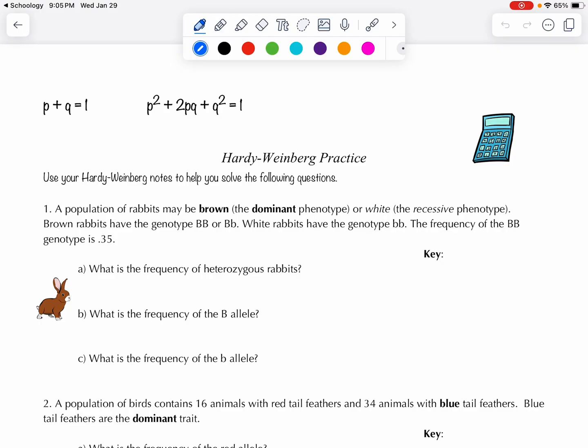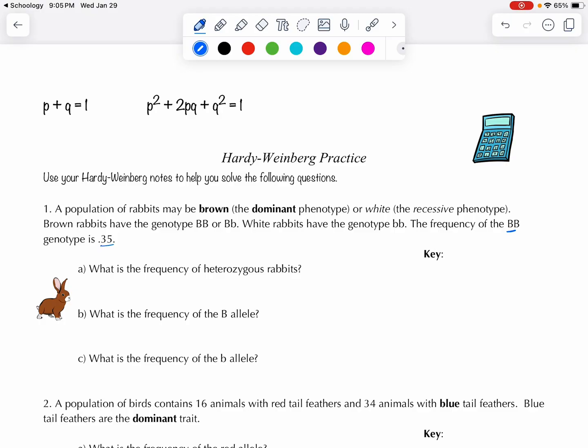Right off the bat, it gives us the frequency of capital B, capital B. That is homozygous dominant, which in Hardy-Weinberg is represented by p squared. So we now know that p squared, the frequency of capital B, capital B, is 0.35.